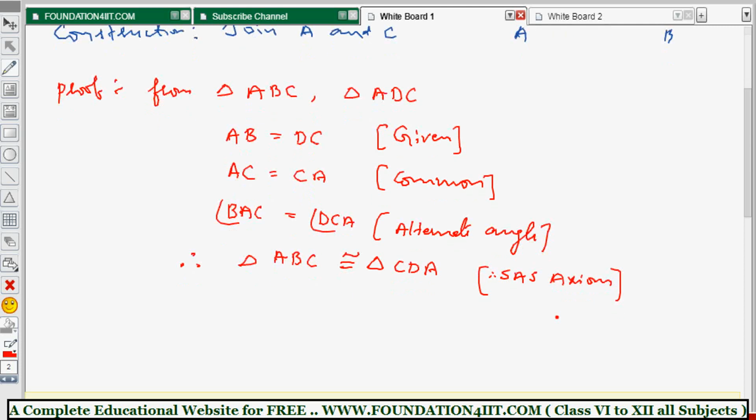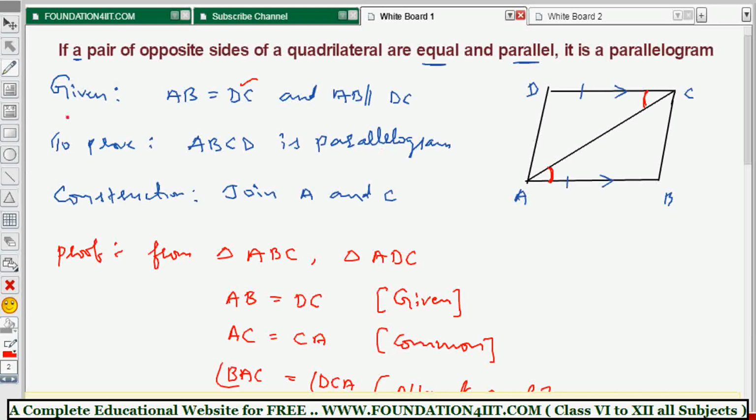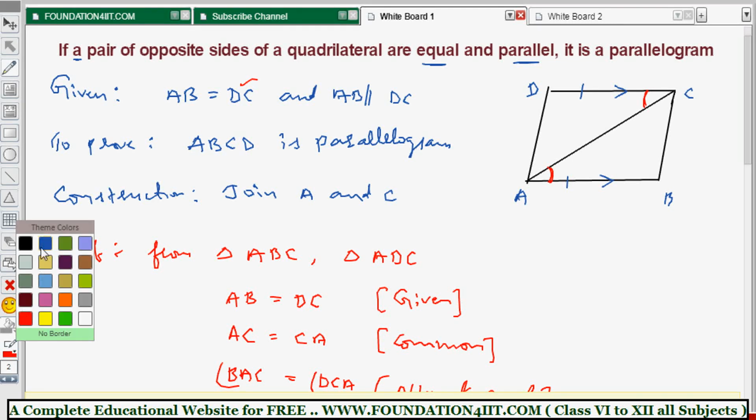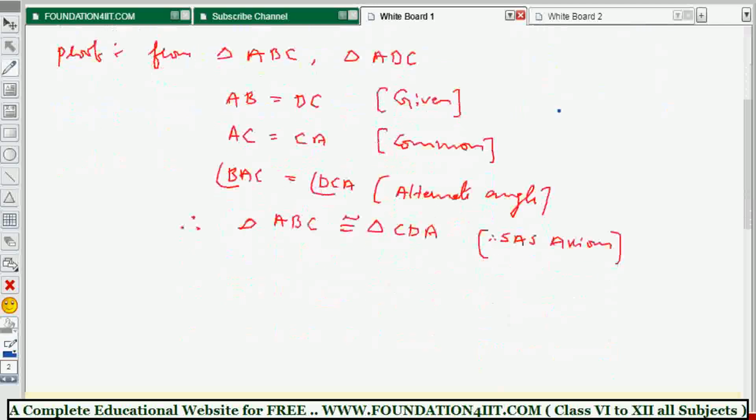Then by CPCT, since the two triangles are congruent, we can take another pair. Angle BCA and angle CAD are equal because triangle ABC is congruent to triangle CDA. So I can write angle BCA is equal to angle DAC.